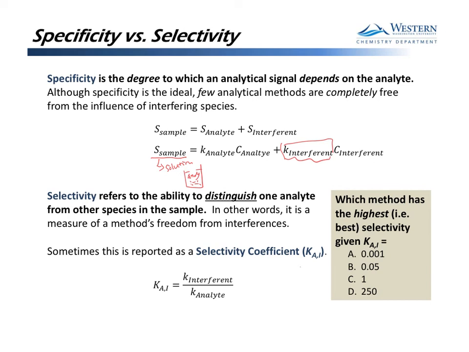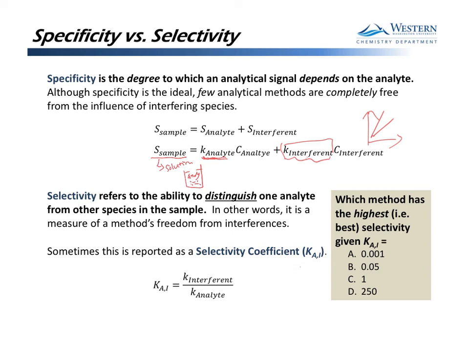It may have a very significant interference. It all depends on the slope, and how much the analyte gets interfered with also depends on K. If they are very close to each other, then that's a problem. Or if the slope of the analyte is much bigger than the interference, then that's no problem, right?